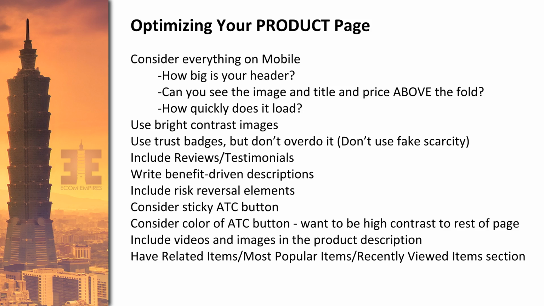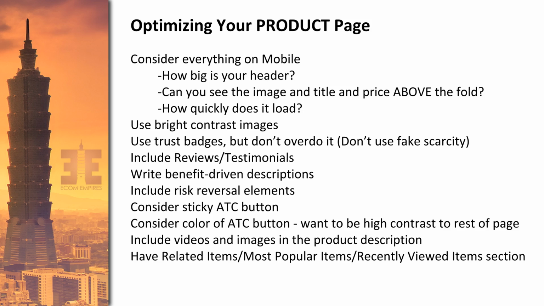How big is your header? Sometimes on mobile, people have headers that are way too big, or they'll have a logo that looks way too small inside their header. You want it to look clean and even with a nicely formatted logo like we saw in the sugar and cotton example. You want to see the image and the title of the product above the fold, which is another reason why how big the header is matters.